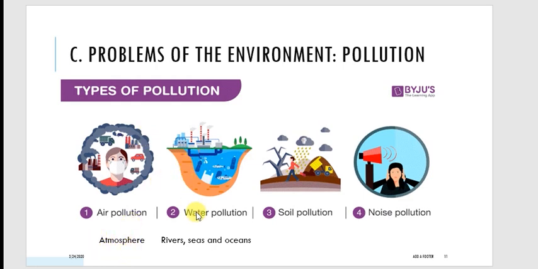We have water pollution, rivers, seas, and oceans pollution, everything that is related to water. We have soil pollution, and we have noise pollution. Basically, the noise of the streets, cars, and factories, and literally everything that makes noise that is really annoying to hear for humans.